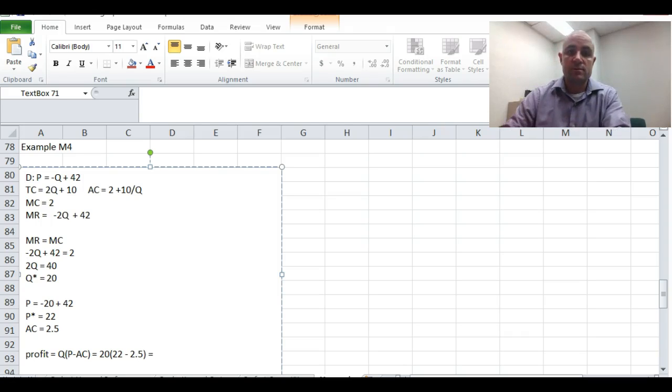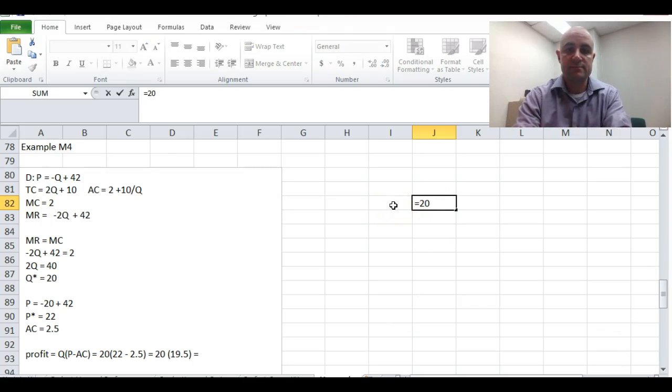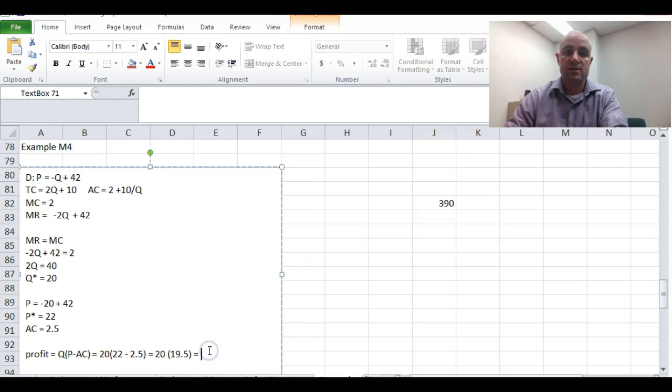That's going to equal 20 times 19.5, since 22 minus 2.5 is 19.5, and 20 times 19.5 is going to be 390. Okay? And that is your maximum possible profit that this firm can achieve.